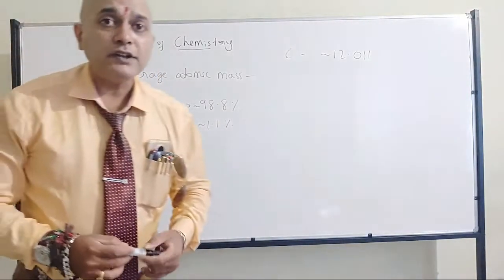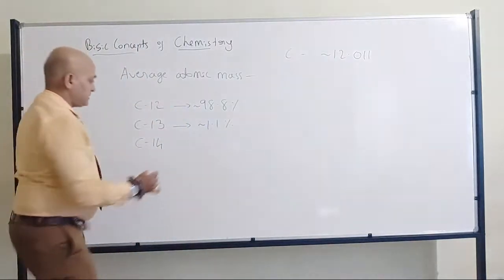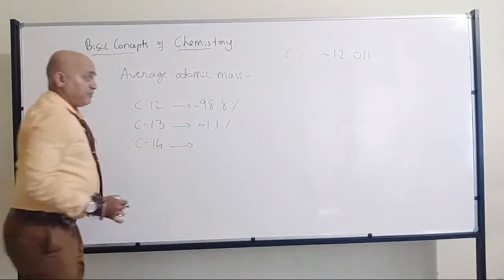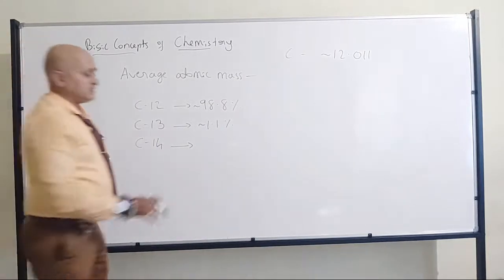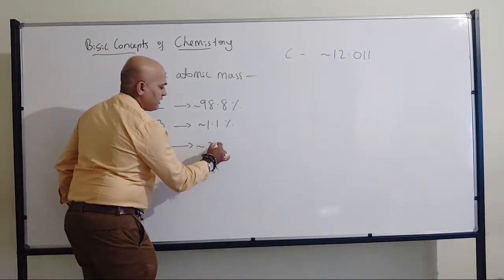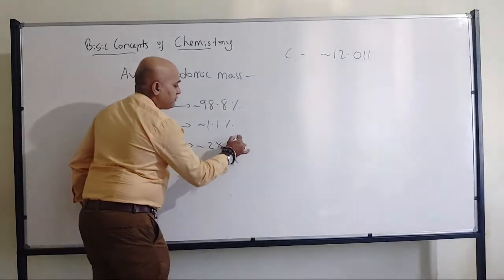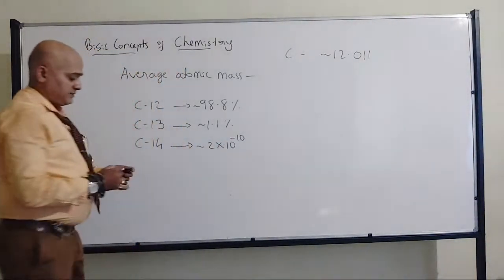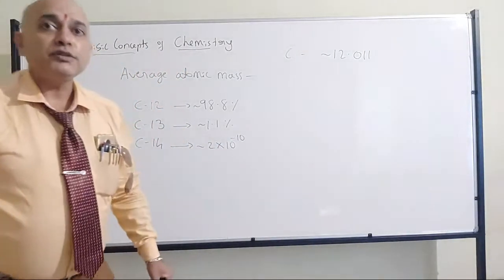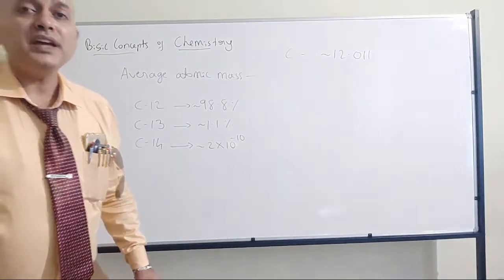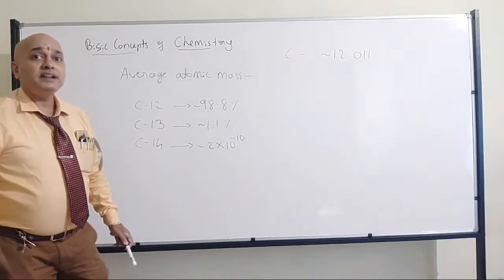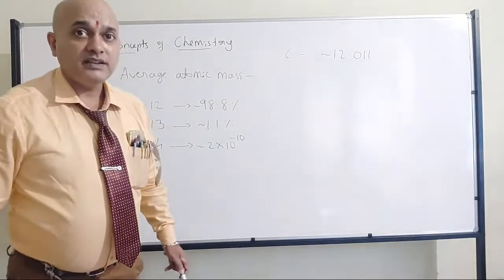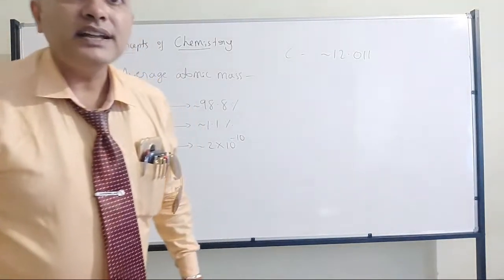If I take carbon 14, very little, somewhere around 2 into 10 to the power of minus 10, a very low value. That is the abundance in nature.